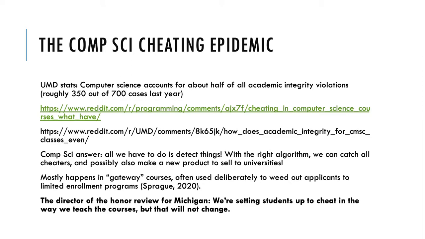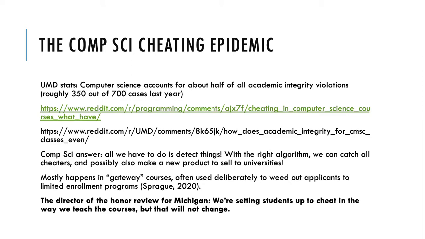I actually had occasion to talk to the director of the computer science program at Michigan State just recently, and he specifically said, we're setting up students to cheat in the way that we teach the courses here by saying that there's these ridiculous requirements and you have to follow them in order to pass. But we're not going to change that because they serve their purpose in limiting the total enrollment in the major.